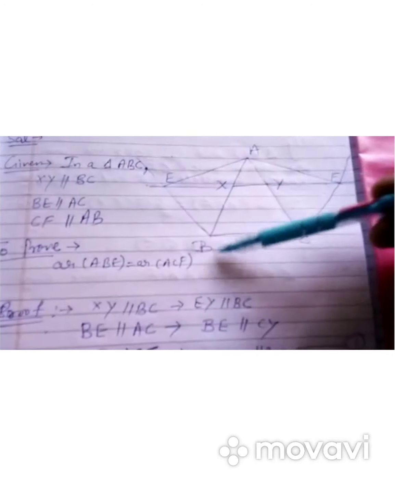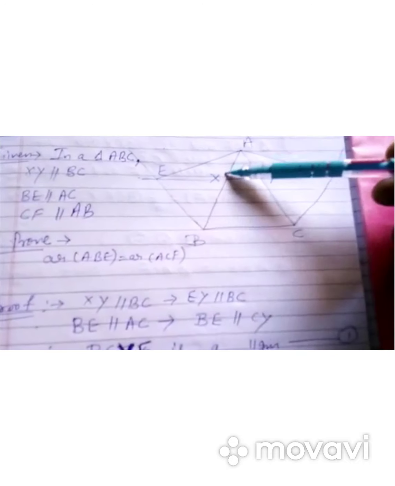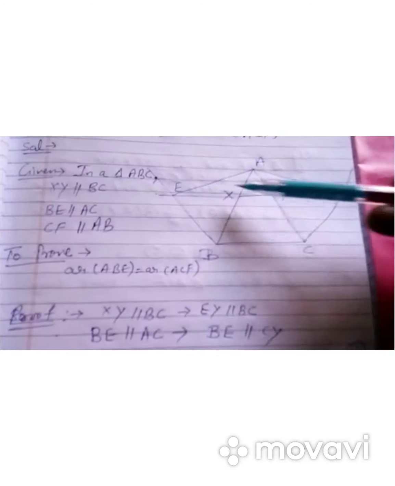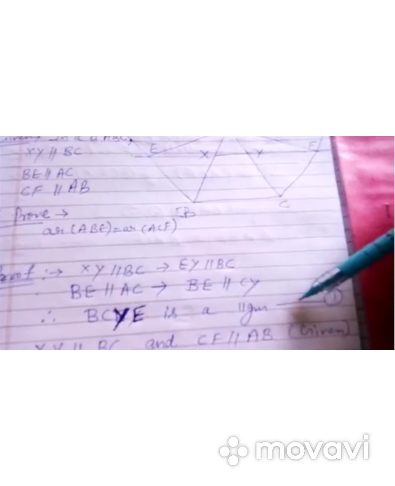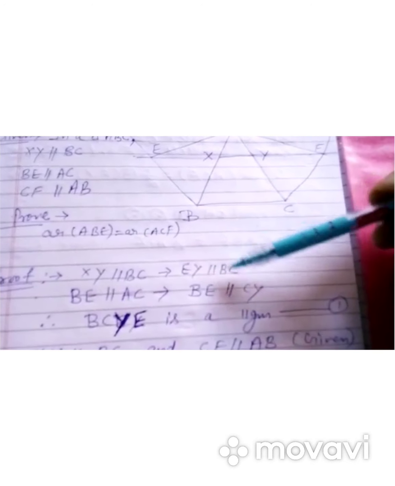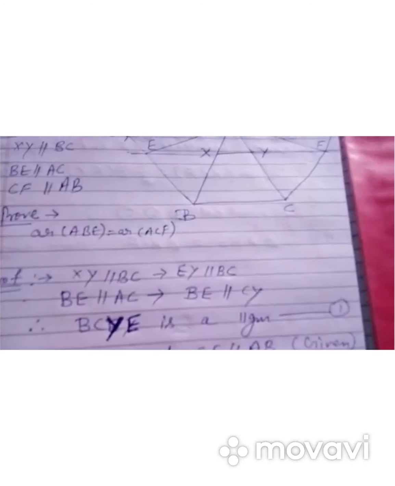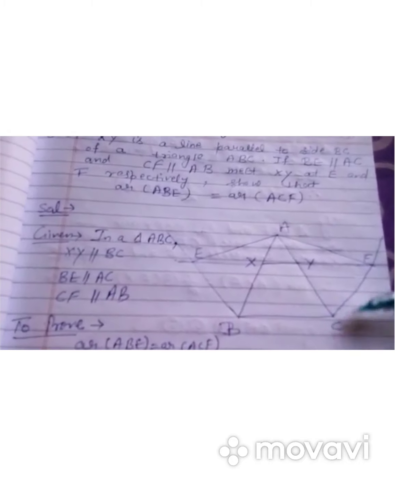So we can say that both pairs of opposite sides are parallel, so BCYE is a parallelogram. If you want to write the reason, you can write that the opposite sides are parallel, that's why BCYE is a parallelogram.